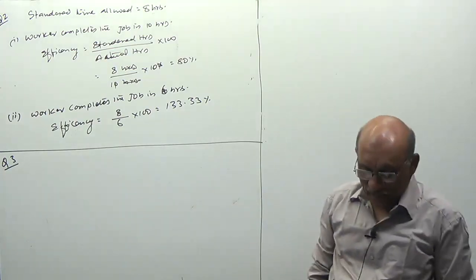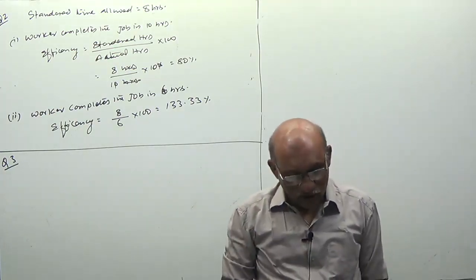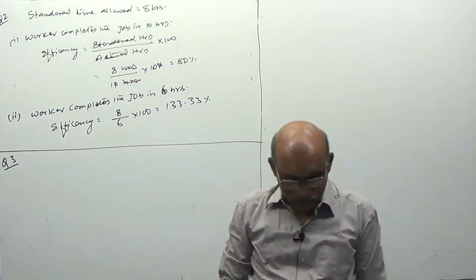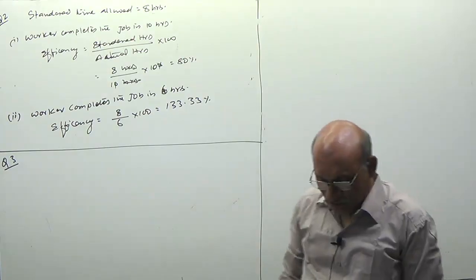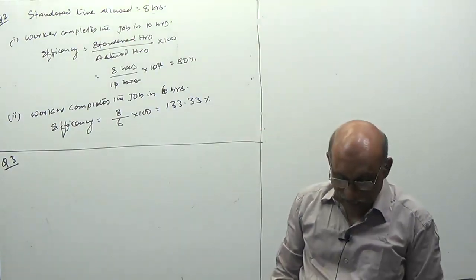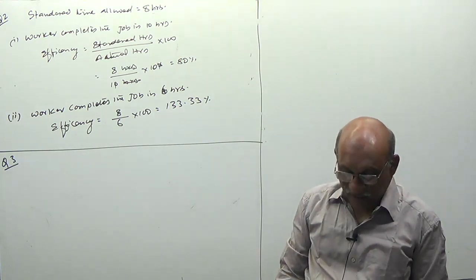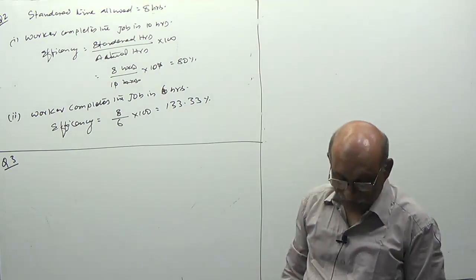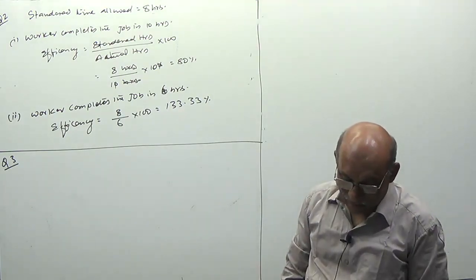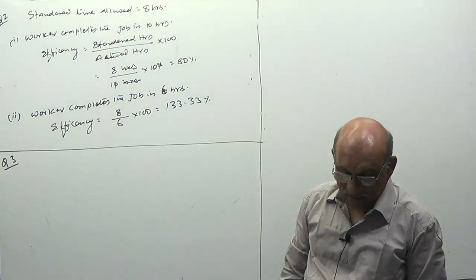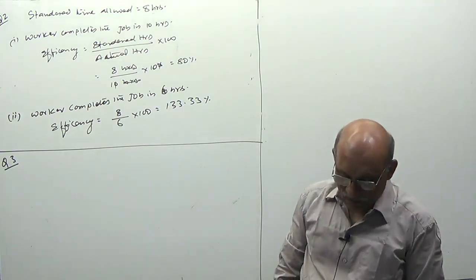A workshop operates in 2 shifts of 8 hours per day, and it has 10 machines. It works for 5 days in a week. Machine utilization is 90%. Efficiency of the machine is 85%. Calculate the designed or rated capacity of the workshop in terms of standard hours.